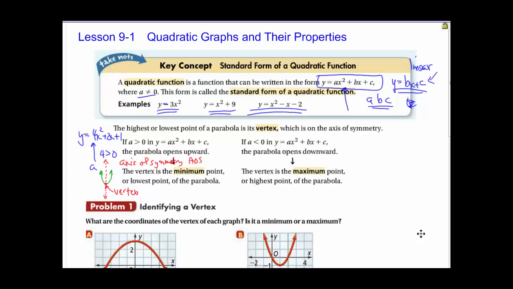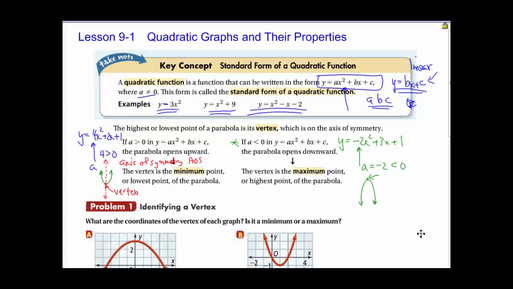Over here, if a is less than 0, as in y equals ax squared plus bx plus c, if our example is y equals negative 2x squared plus 3x plus 1, this a right here is negative 2. So if a, which is negative 2, is less than 0, now we're going to get a parabola that opens downward.